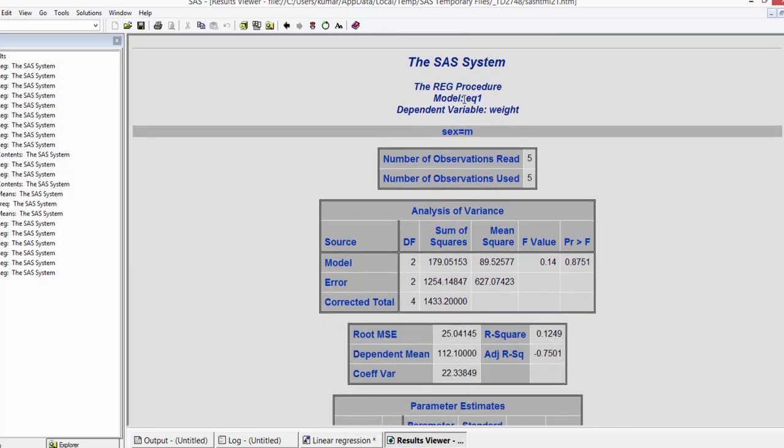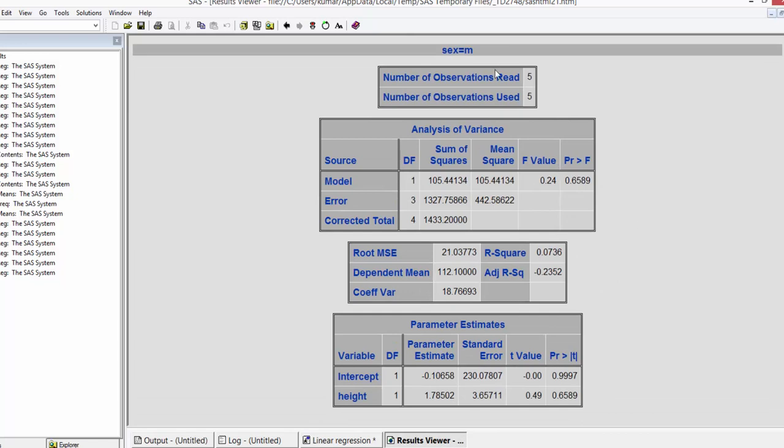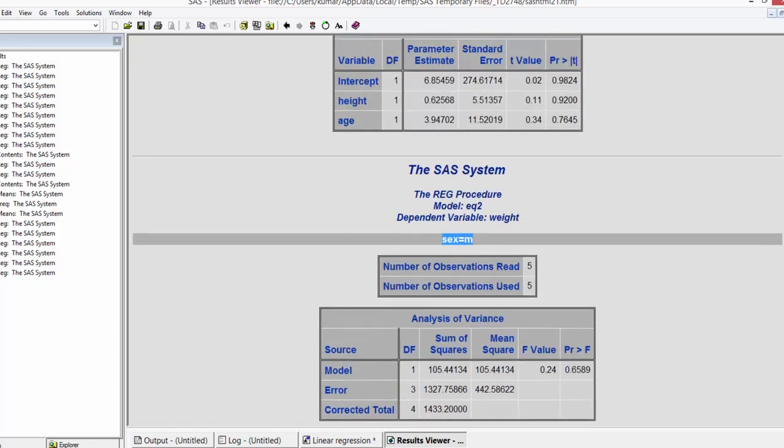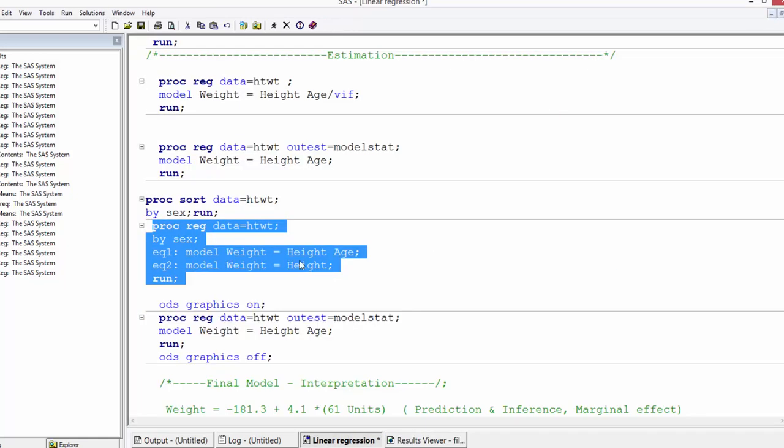Then equation 1 with sex equal to male, and then equation 2 with sex equal to male. So in total you have four models: model 1 male, model 1 female, and model 2 male, model 2 female. So you can build several models in just one statement. This is just one feature of SAS that I was trying to show here.